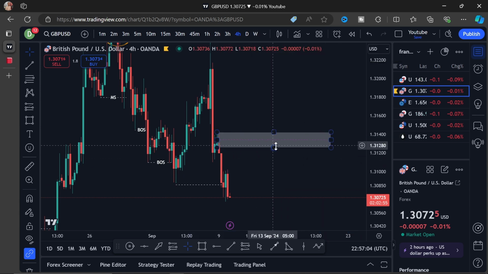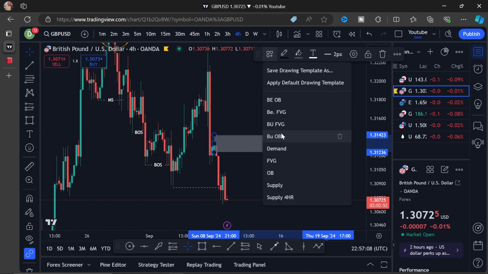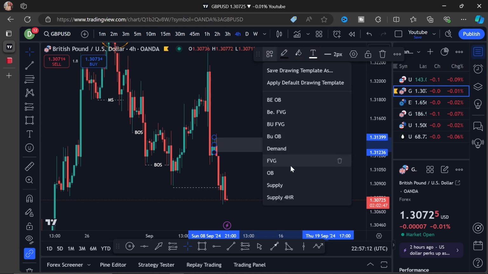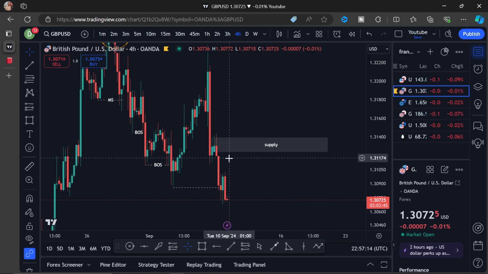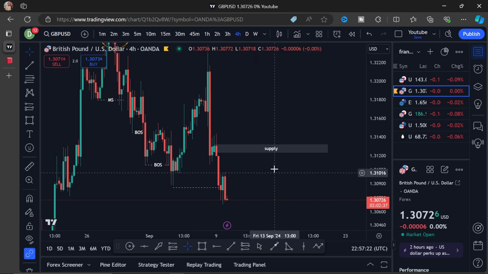This shows that here is a good area to identify a supply level, because the market is in a downtrend, so we are looking for supplies. So here becomes a supply level.